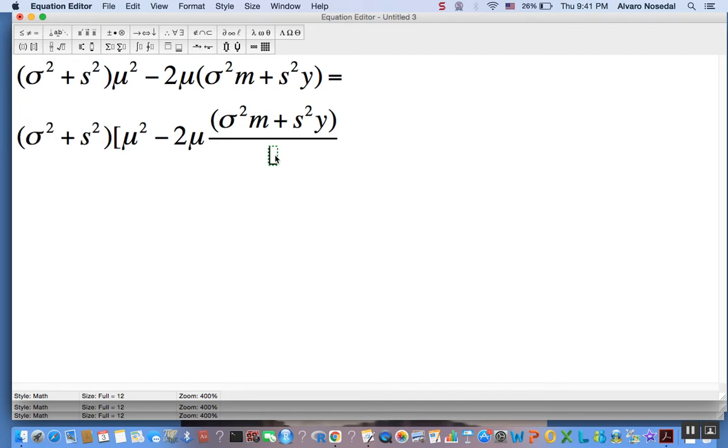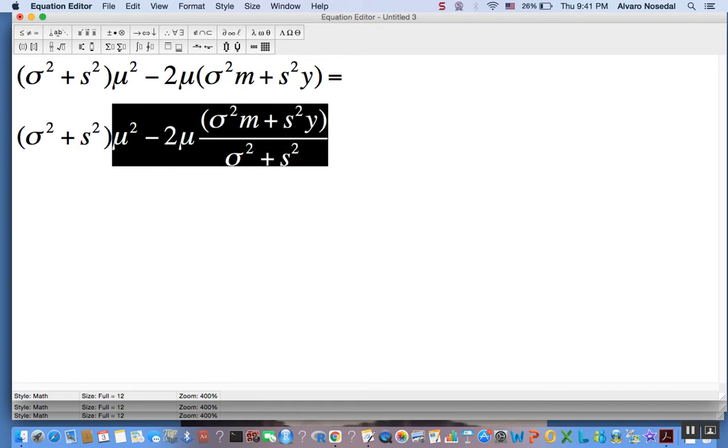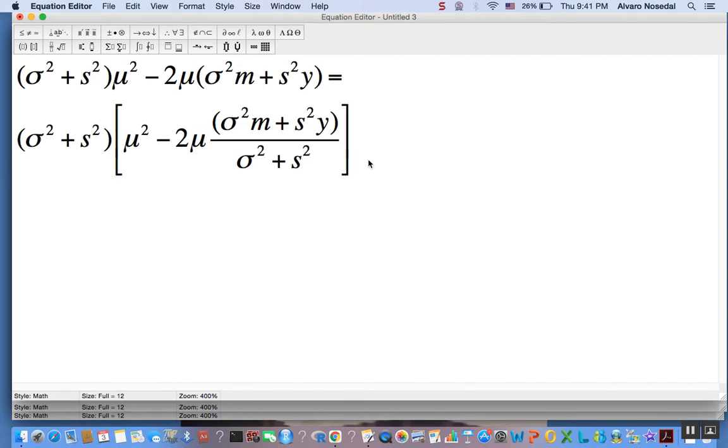Okay? Can you see that? Yeah? Agreed? I'm just factoring out sigma squared plus s squared. So this one would be sigma squared plus s squared times mu squared. That's the first term. And then, since I am factoring out this guy, I have to multiply by this, and then I end up with what I want. Okay? Those two expressions are equivalent.